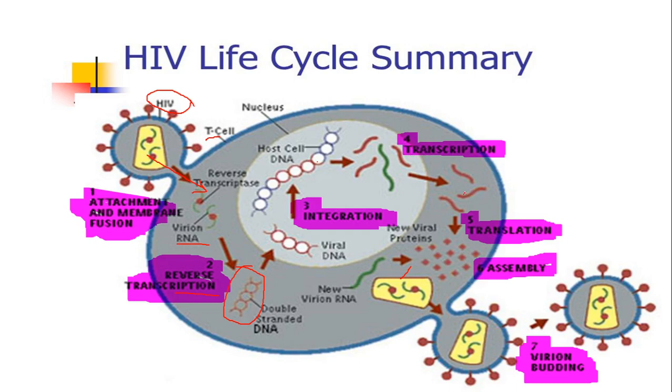As macrophages are mainly responsible for multiplying the HIV, they are also called HIV factories. So the life cycle of HIV we can sum up in 7 steps: attachment, reverse transcription, integration, transcription, translation, assembly, and budding, the release of the viral particles.